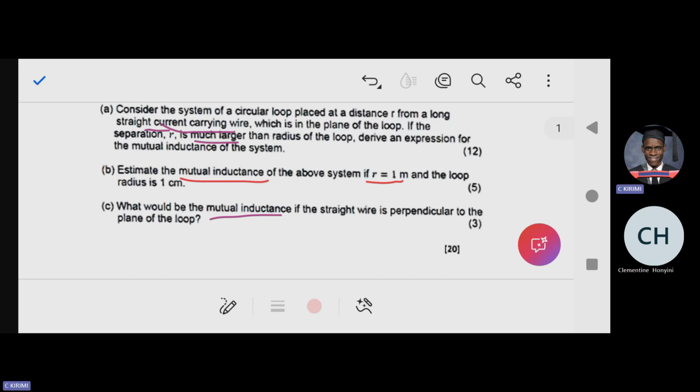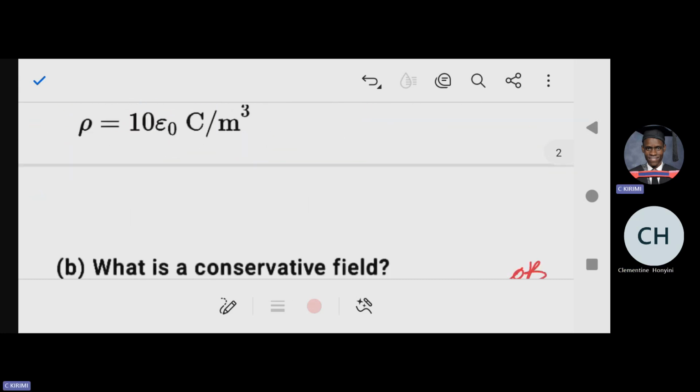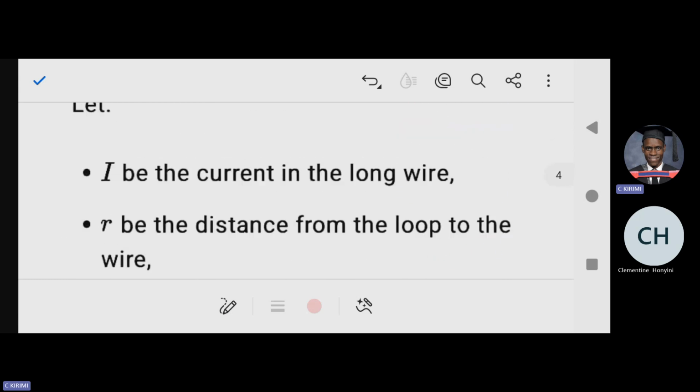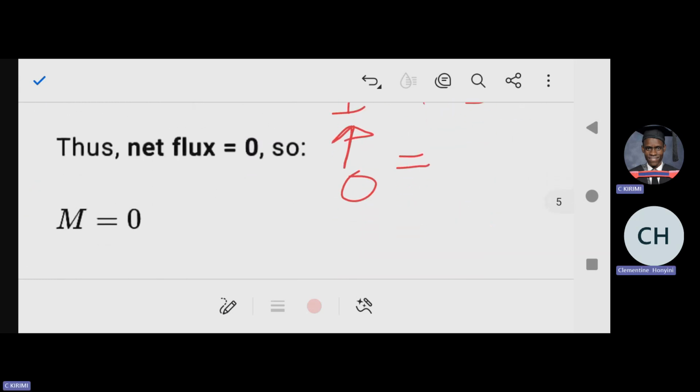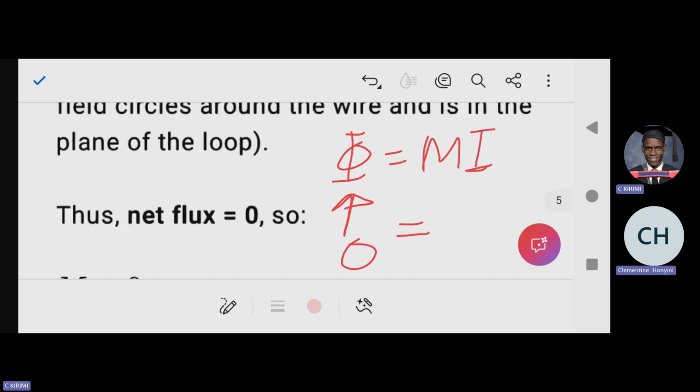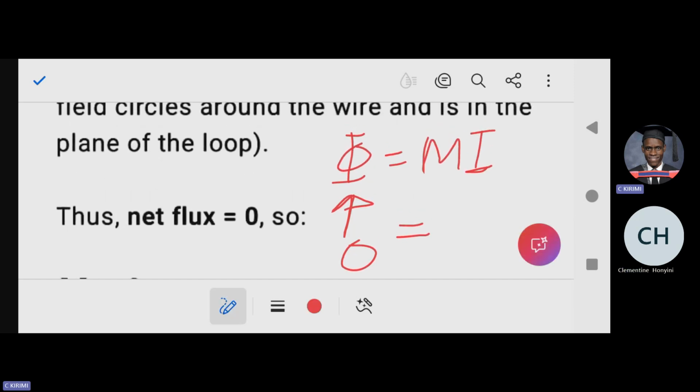So I cannot be 0 because the wire is carrying current. Although we don't know how much current it is carrying, we know that it's not 0.